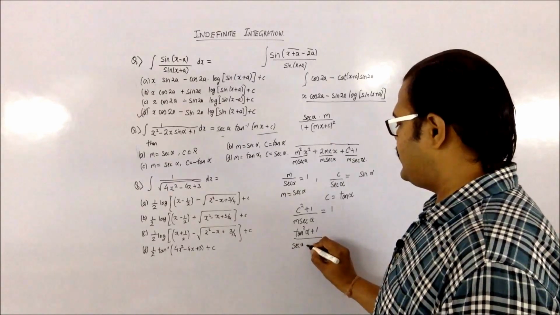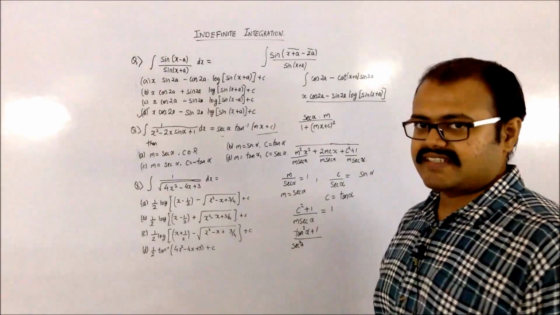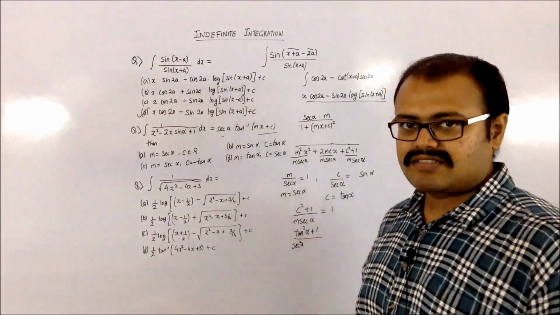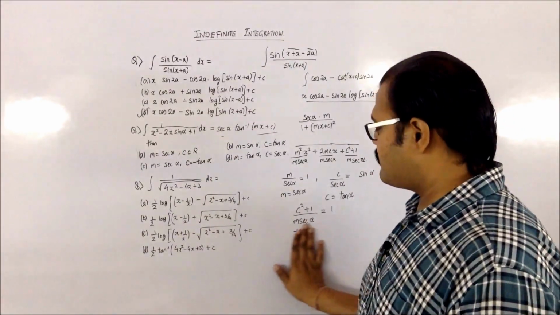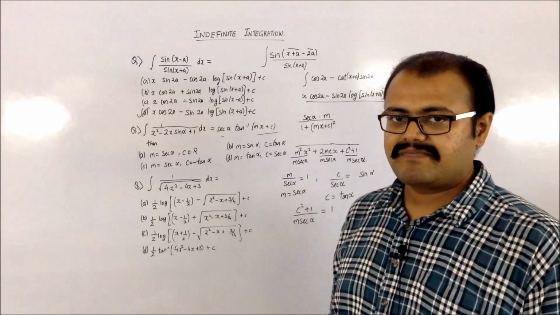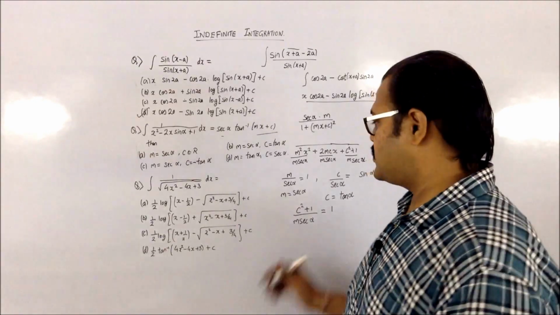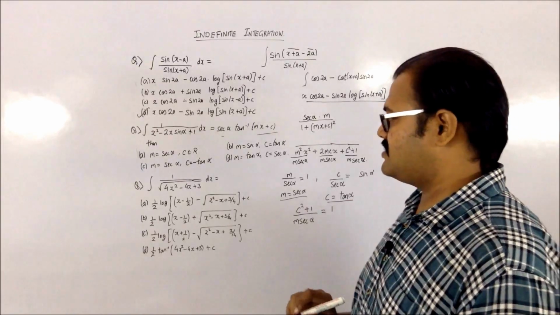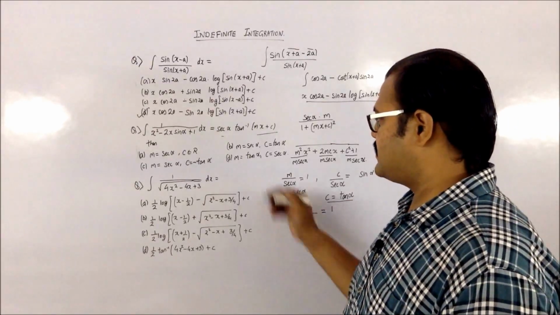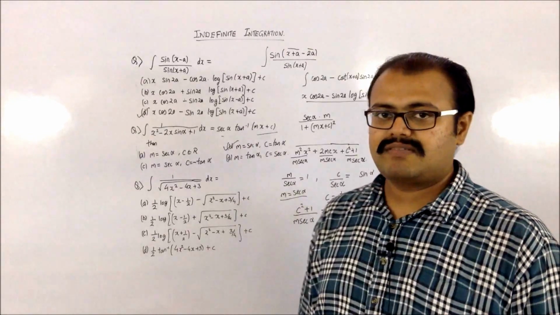So sec alpha into sec alpha gives you sec square alpha, and tan square alpha plus 1 is sec square alpha. So whatever you have got is basically right. That is why your option should be where m is sec alpha and c is tan alpha. So that option is available in your option B.